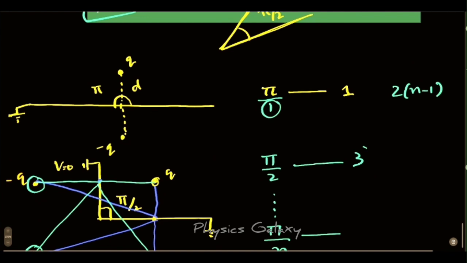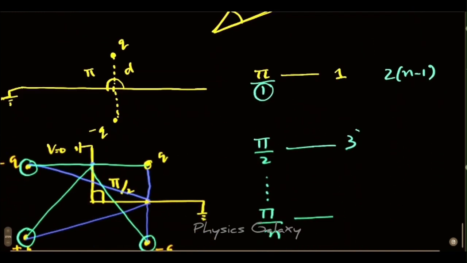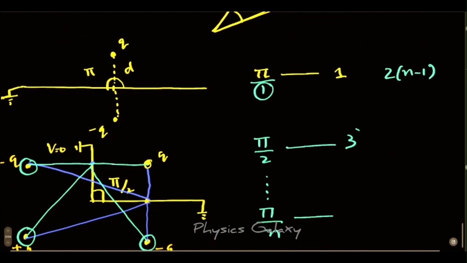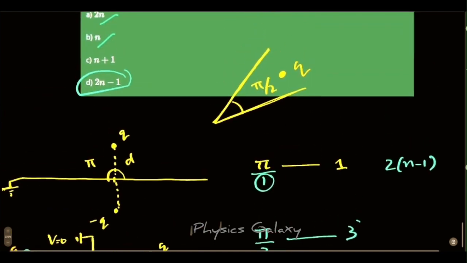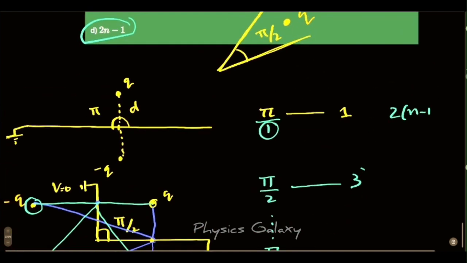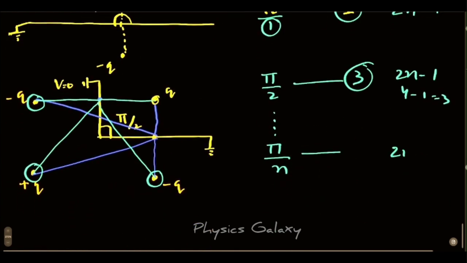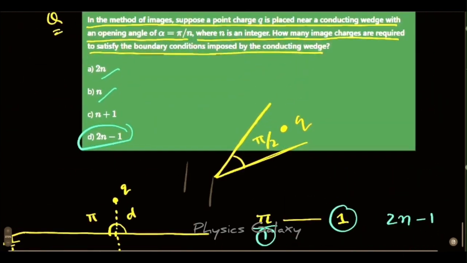If n equals 1, it will give me 1. When n equals 2, 4 minus 1 gives me 3, yes. So 2n minus 1 will give me the correct answer for every opening angle pi by n. So 2n minus 1.